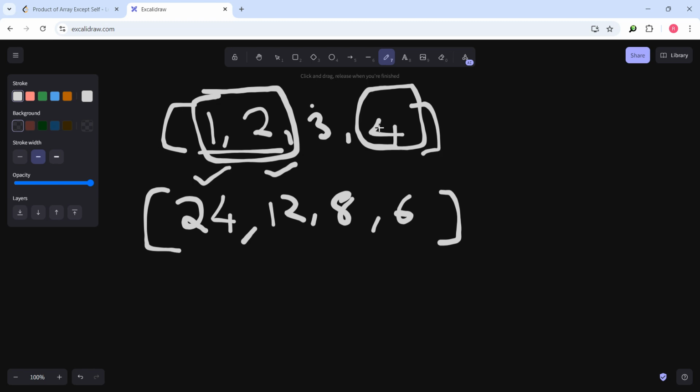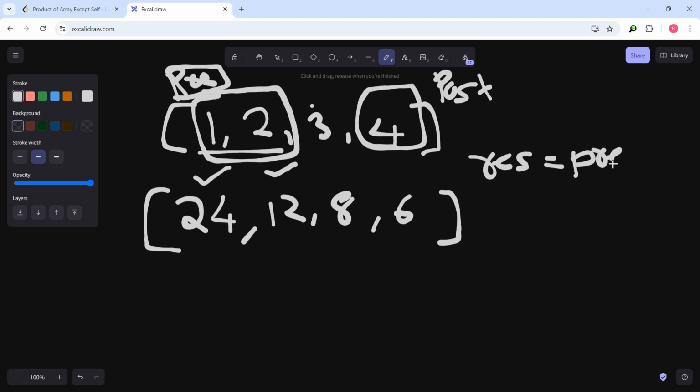So we can call this pre-prod. Pre means it is coming before, and we can call the other one post-prod. That is just a naming that I'm using. You can call it whatever you want. And our result should be this pre-prod value into post-prod value.